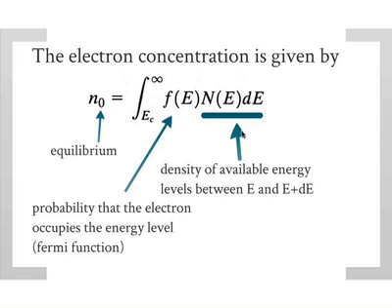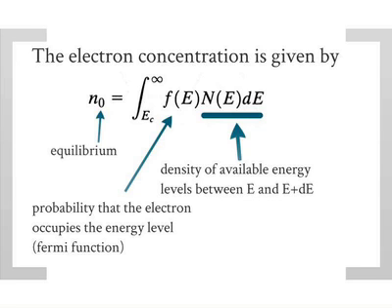What this means is that if you plot E as a function of N of E, let's say you have some function. We'll show it kind of looks like that. It's not important right now.